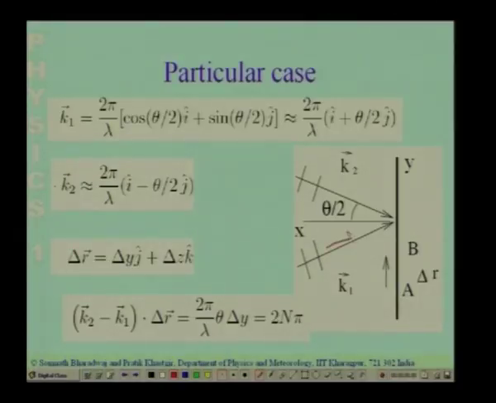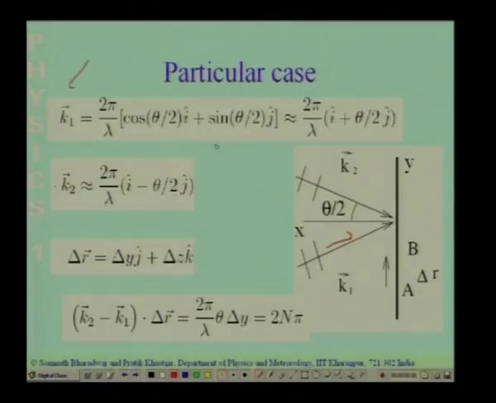So, the wave vector of the wave travelling upwards is what is given over here, k1. So, k1 is 2 pi by lambda into the unit vector of the direction in which the wave is propagating. 2 pi by lambda is the wave number of this wave and the unit vector along which the wave is propagating is cos theta by 2 into i.